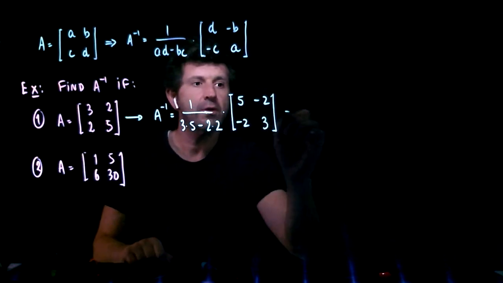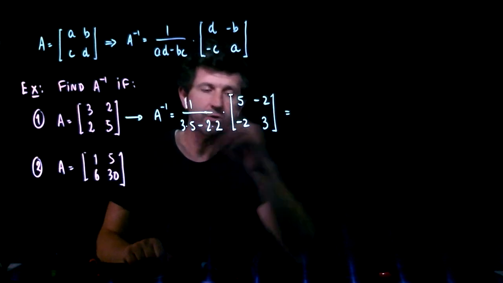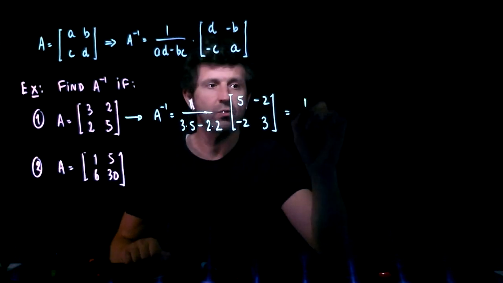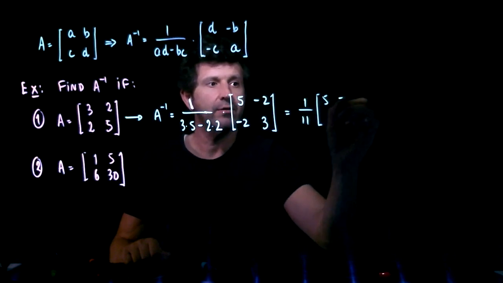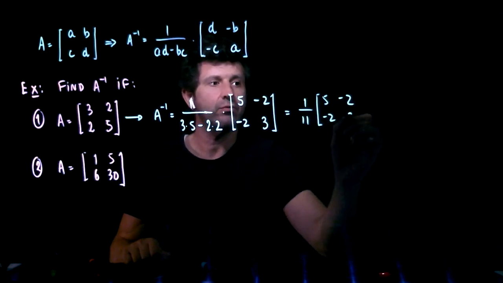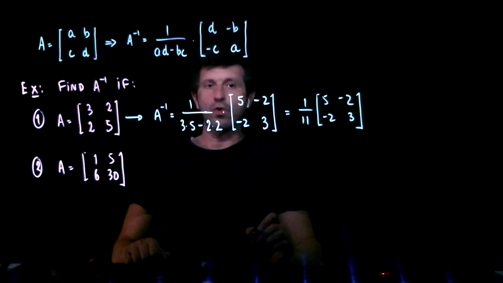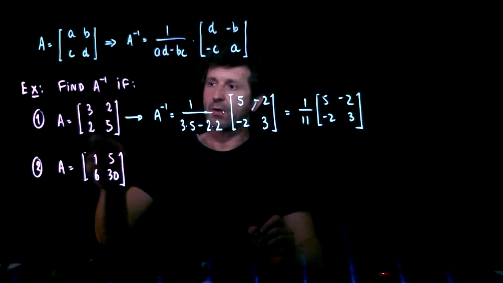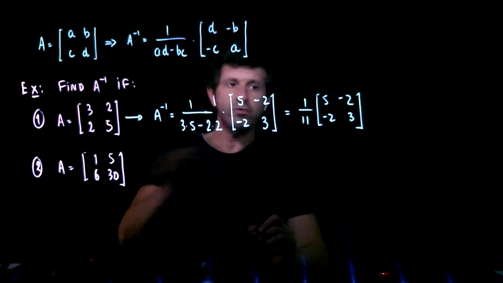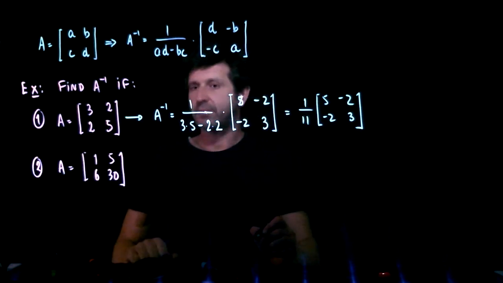There you go. So we have 15 minus 4, which is 11. So it's 1 over 11 times the matrix 5, negative 2, negative 2, 3. You could verify: if you multiply A by A inverse, you should get the identity.